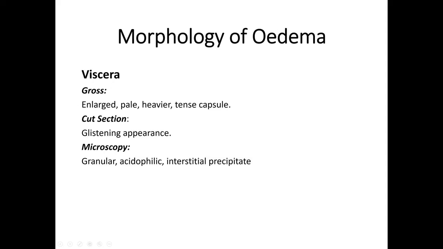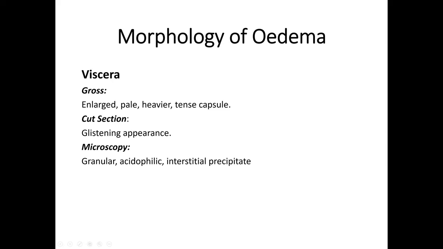Now, morphology of edema depends upon severity, rapidity, and cause. Morphology of edema: in viscera, gross features: there is enlargement of the viscera, they are pale, heavier, and their capsule is dense. Cut section shows glistening appearance.